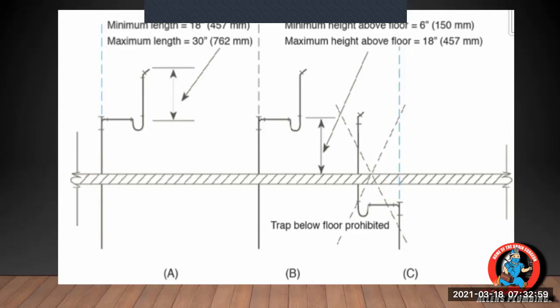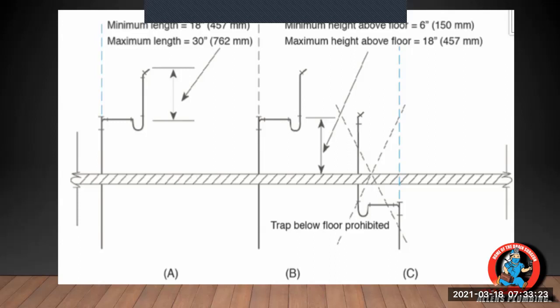So the code is stating not to have it below grade. So when you guys are piping in a laundry box and doing the trap, what Josh was explaining was the trap arm is usually roughed in the wall, and then the tailpiece riser from the trap is no less than 18 inches and no more than 30.